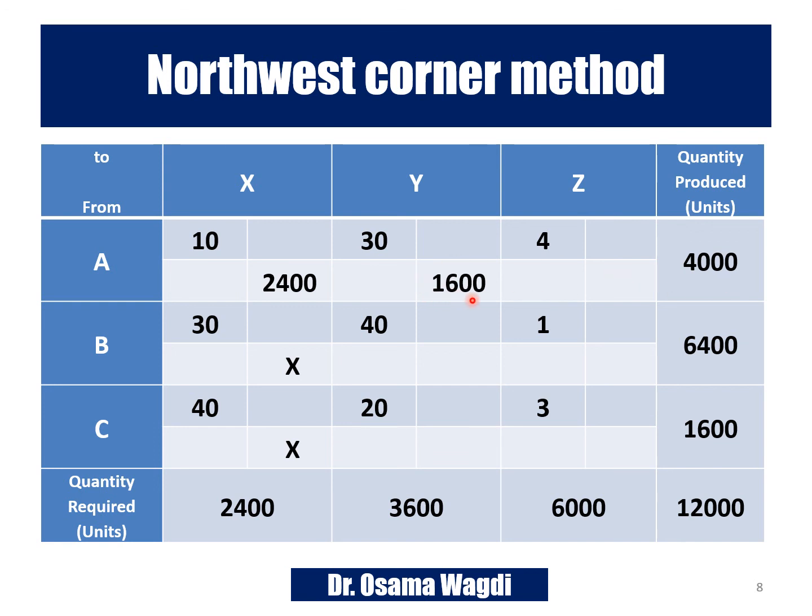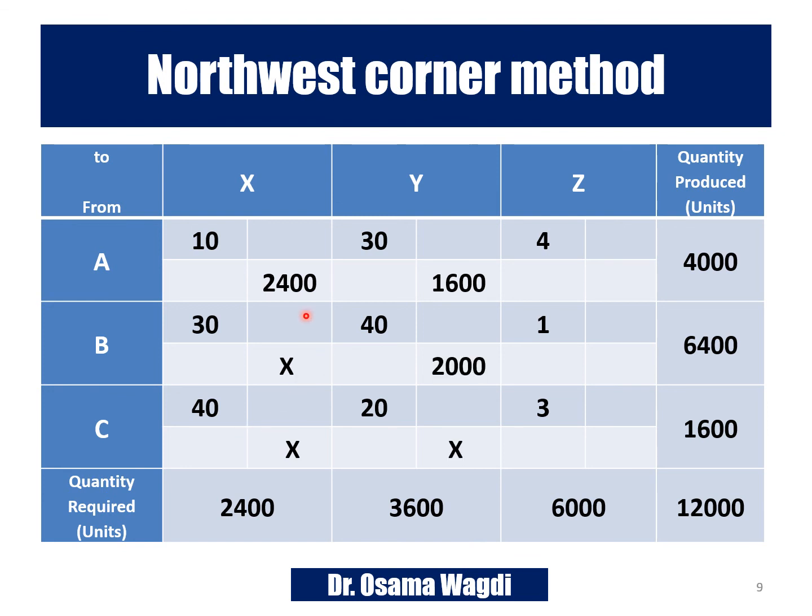When we write down the 1,600, we are going to make a small line on the new number and write down 0. So AZ will be empty. And also we are going to subtract 1,600 from 3,600, and we remain with 2,000.